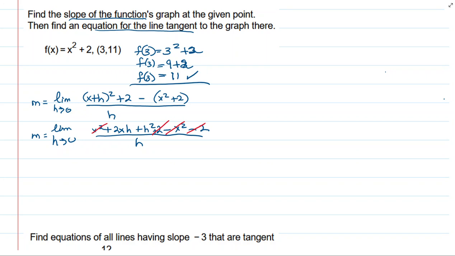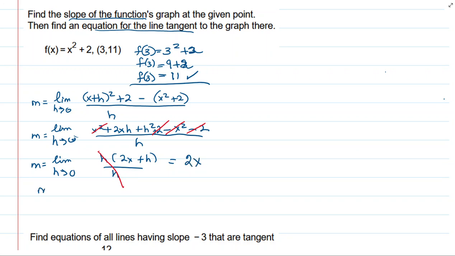So now I'm going to factor out an h. 2x plus h over h. Just because it's multiplication, I'm going to take the limit, and the limit is 2x.